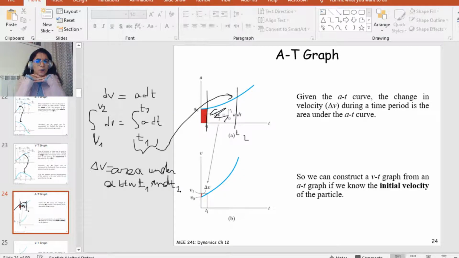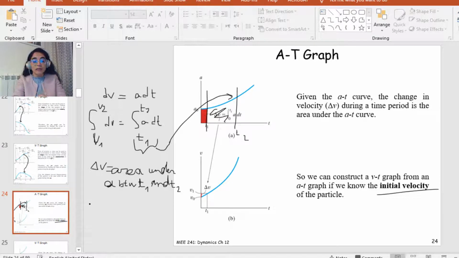But if I know delta V, how can I find V for each T? In fact, guys, if I know the initial velocity of the particle, so I know V0, then I can find V1, then I can find V2, I can find V3, and so on. Alright? So what should I do?